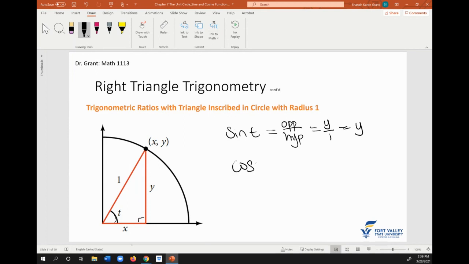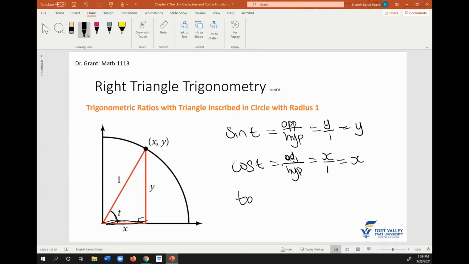Similarly, if we have cosine of t, recall that's going to be adjacent over hypotenuse for a ratio, which in this case, our adjacent side is going to be x. My hypotenuse is 1, so this is going to be equal to x.